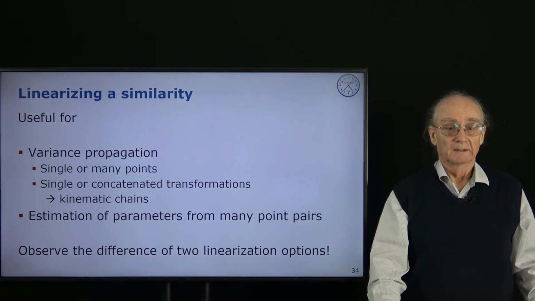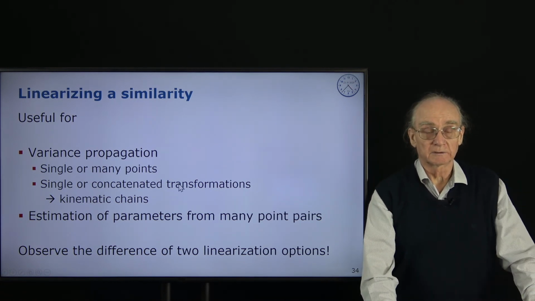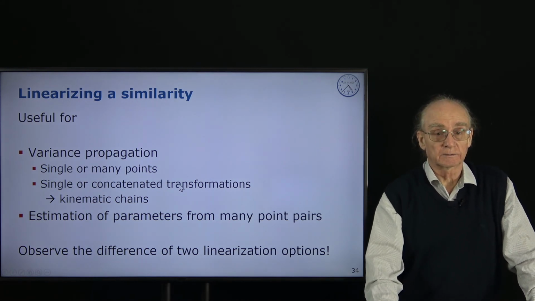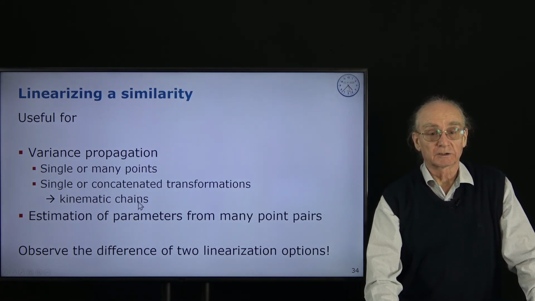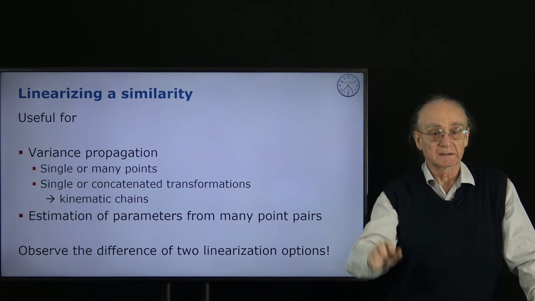Okay. We discussed the linearization of a similarity. Of course, this is very useful for variance propagation, as we have seen. It can be used not only for single, but also for many points. It can be used for single or concatenated transformations. We will see this in the next lecture. These are kinematic chains, so you have motions or similarities which are concatenated.